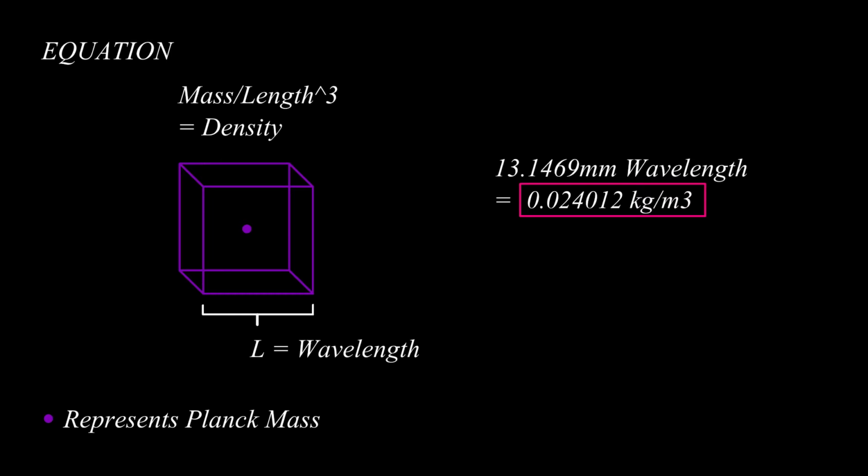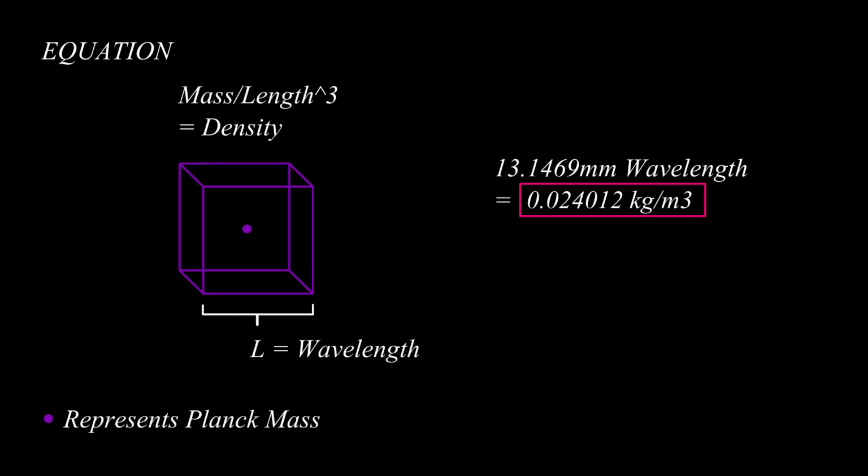Here we have the equation example. Mass divided by length cubed equals density. The dot in the middle of the cube always represents the Planck mass. And the length, the side of the cube, as per the previous slides, is the wavelength that's going to be used inside the machine.